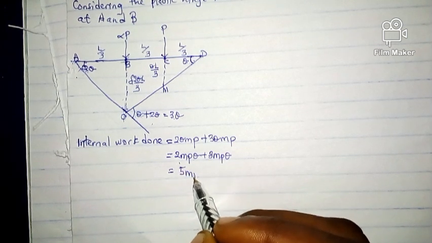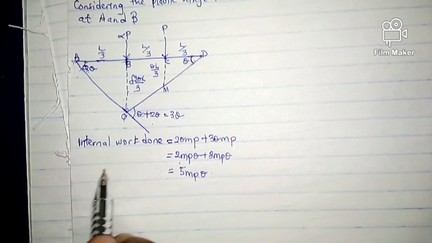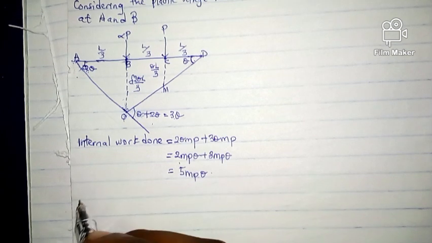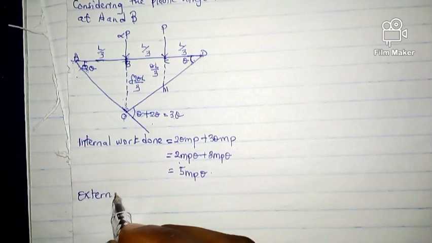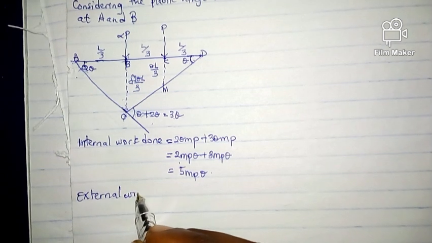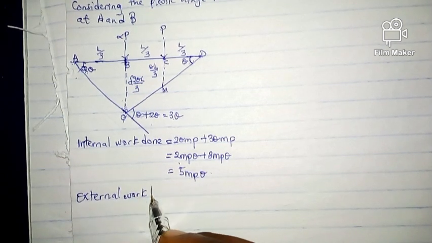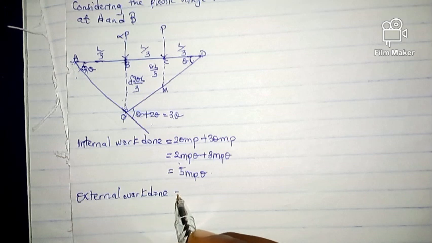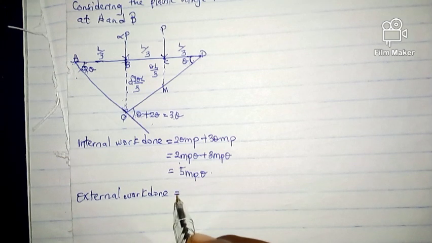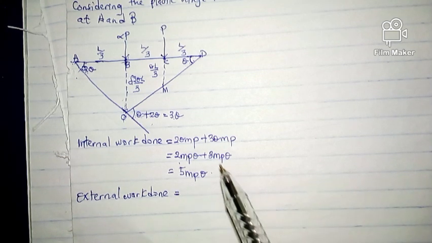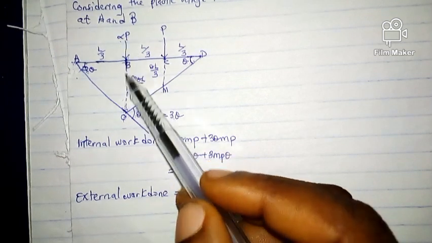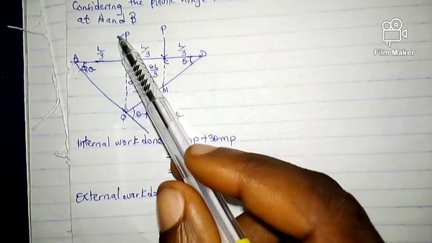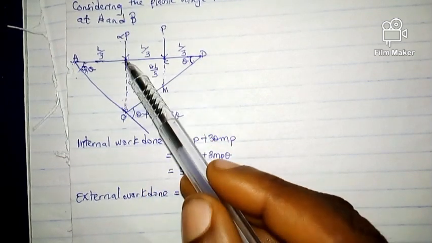Then we get our external work done. Our external work done is equal to alpha P times the displacement. That is the workload times the displacement.